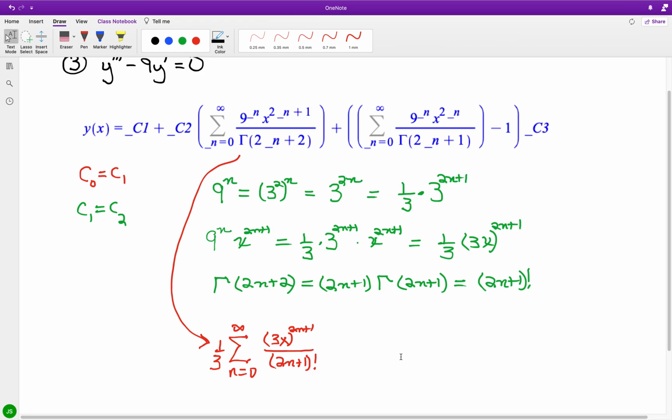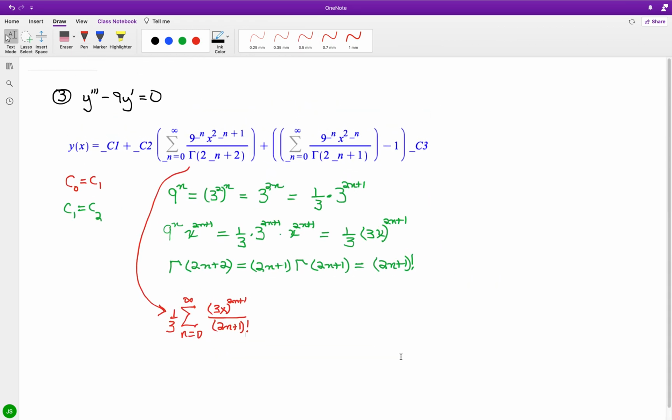Now, in the case of what we have with c of 3, c of 2 is equal to c of 3. And for this particular summation, again, you have 9 to the n, and that's going to be equal to 3 raised to the 2n.